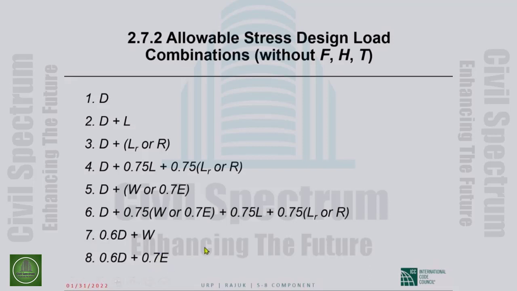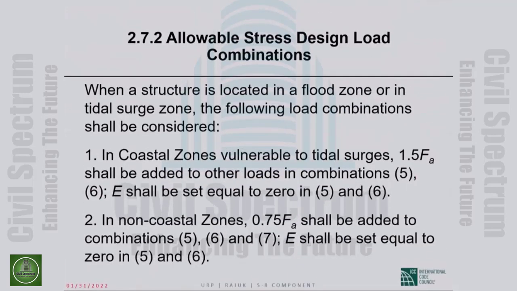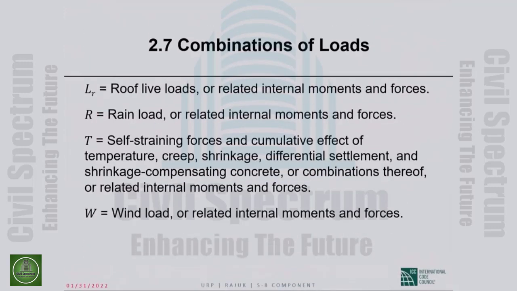Okay. So ASD load combinations, and you see that we rely on only 60% of the dead load to counteract surface level wind or surface level earthquake. That's pretty conservative.